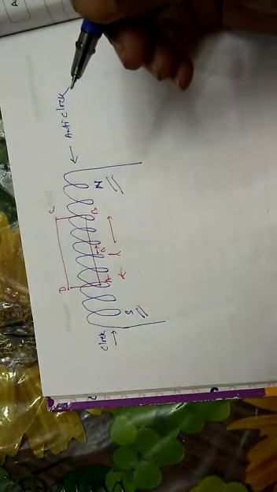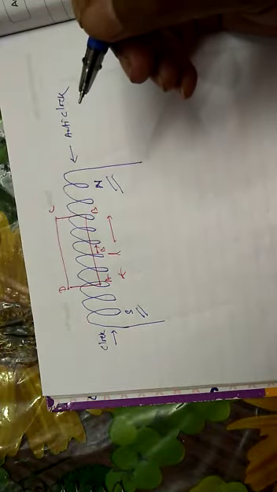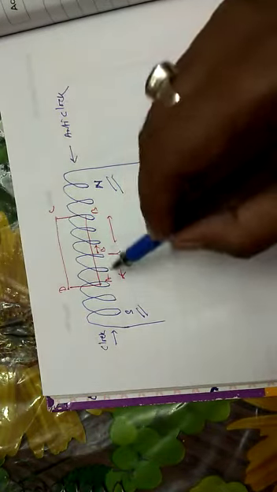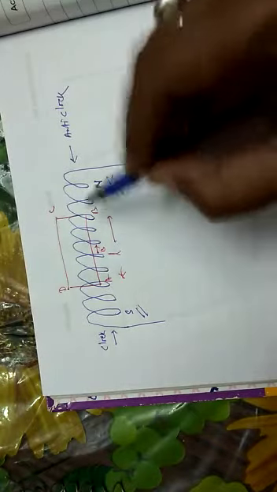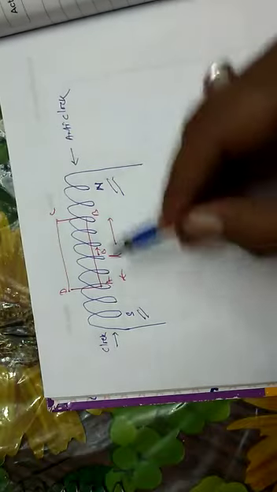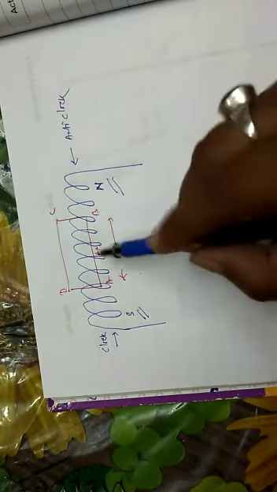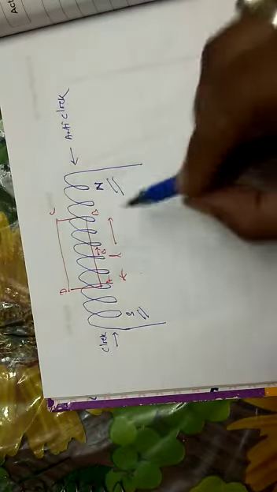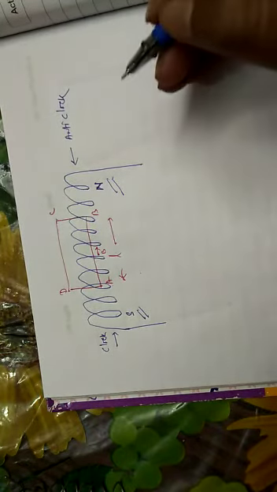As we know, magnetic lines of force are directed inside the solenoid from south to north, and outside the solenoid from north to south. So we need to find the magnetic field inside the solenoid. The direction of the magnetic field is from south to north. Clear?